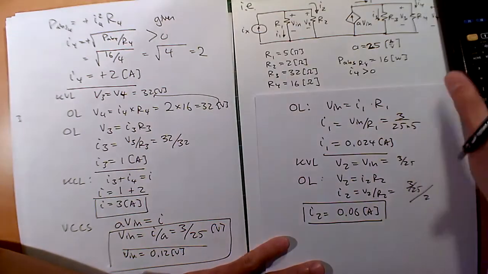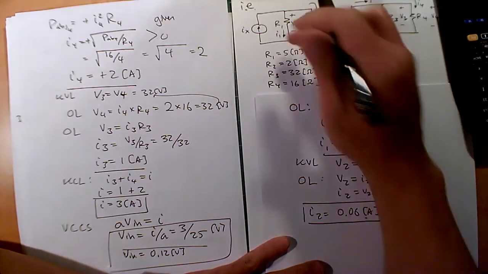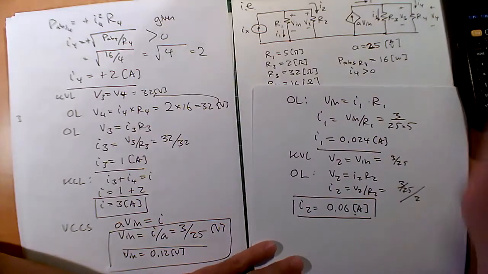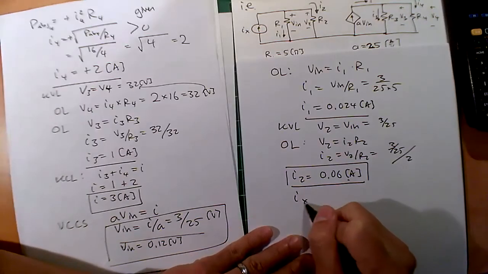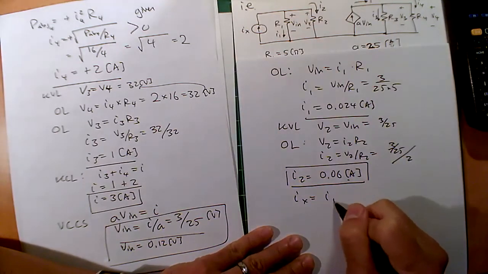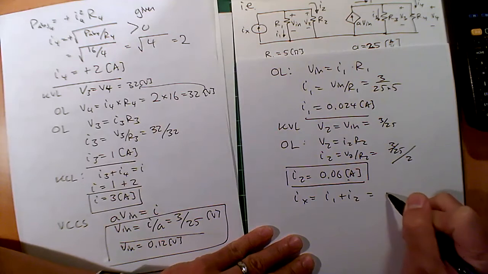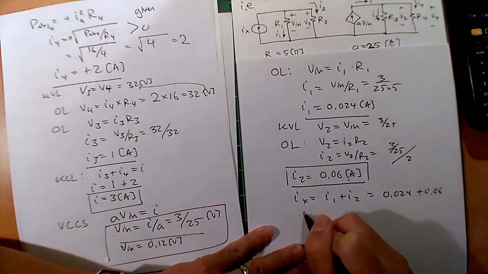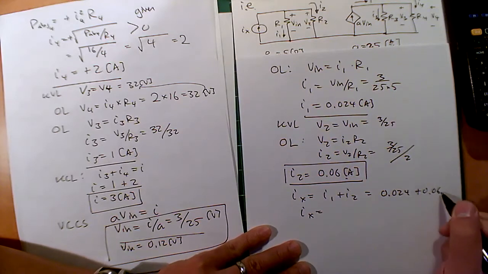We're done with that. And because I have this one, I can finally use my KCL and get IX. So IX is equal to, this is the current leaving, and these two are the currents entering, I1 plus I2, which is 0.024 plus 0.06.